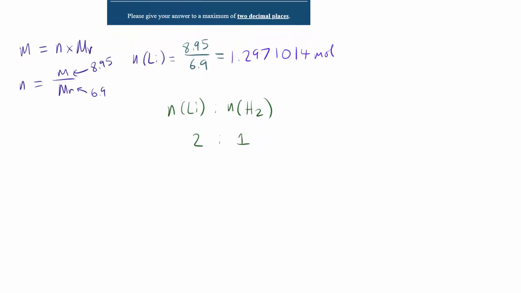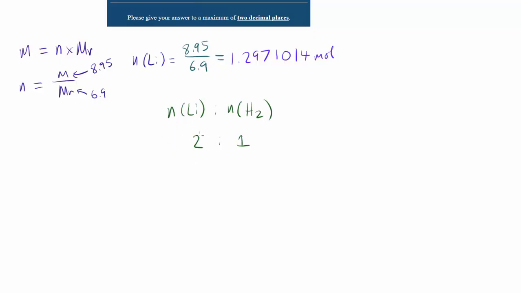If we try to get this side down to 1, we divide both sides by 2. So for every 1 mole of lithium, we're going to have 0.5, which is the same as half, moles of H2.